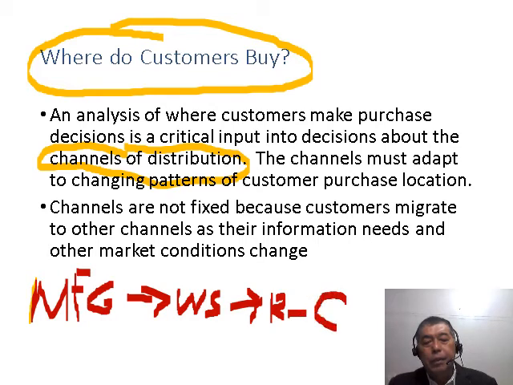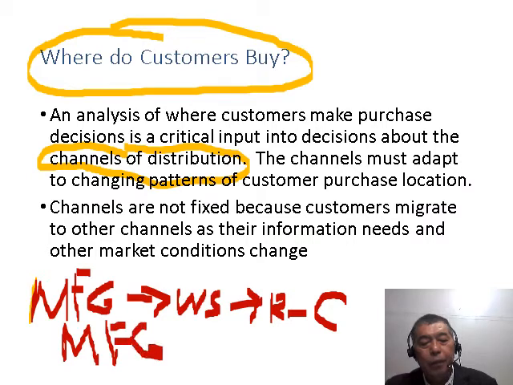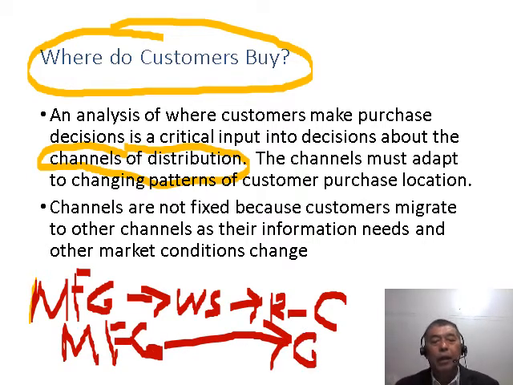This is a particular indirect distribution channel. If you want a direct distribution channel, the flow chart will be manufacturer direct to the customers. This is a direct distribution channel, while this one is indirect.